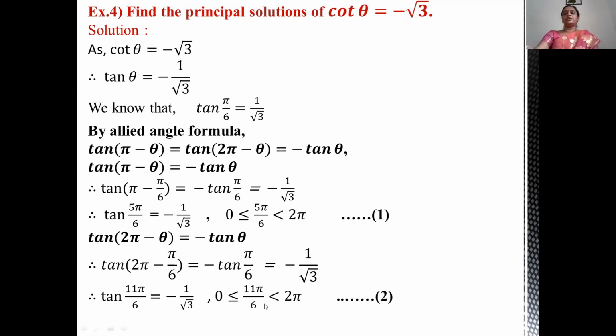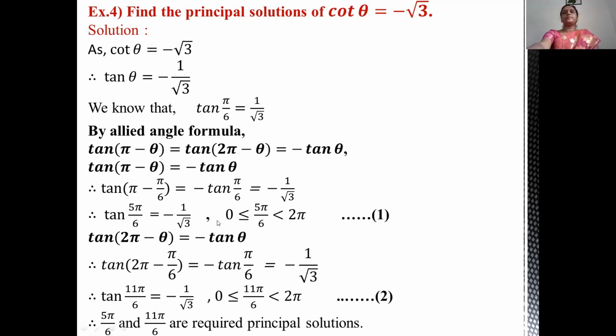Obviously it lies in the interval 0 to 2 pi. Therefore, we get the second solution, 11 pi by 6, as a principal solution. In this way, in this problem, using the allied angle formula, we have found two values of theta: first, 5 pi by 6, and second, 11 pi by 6, as the required principal solutions of the given problem.